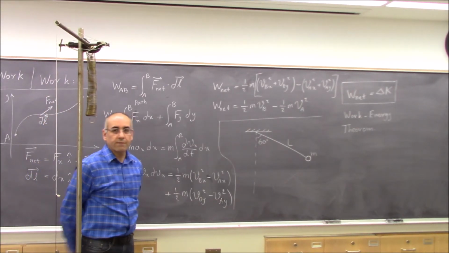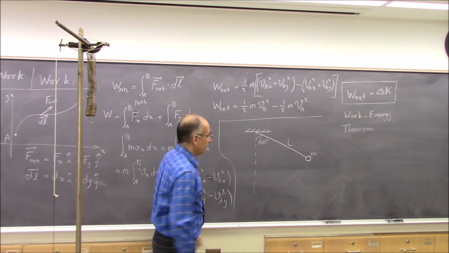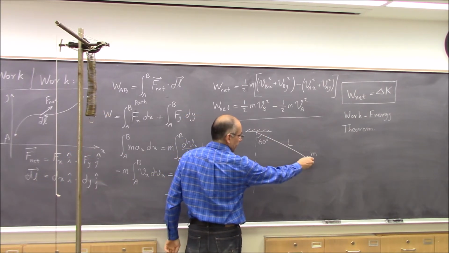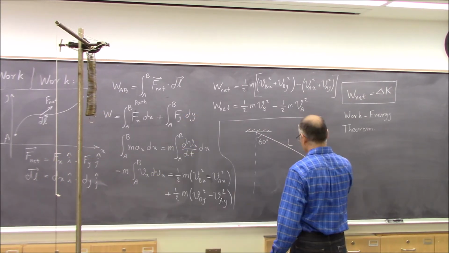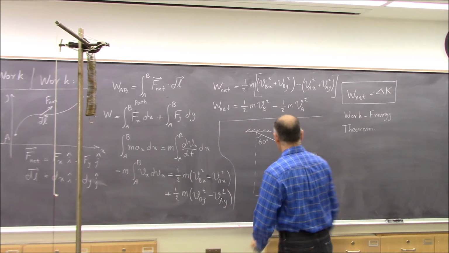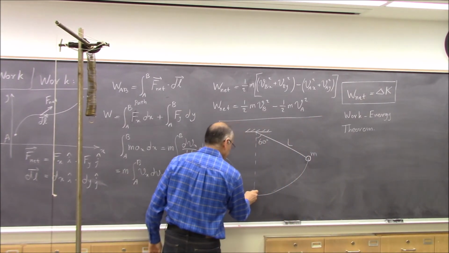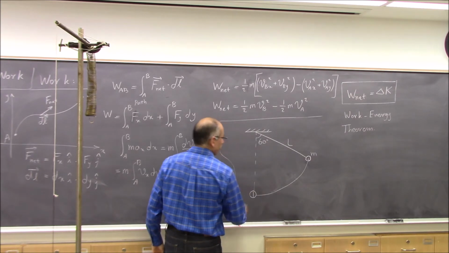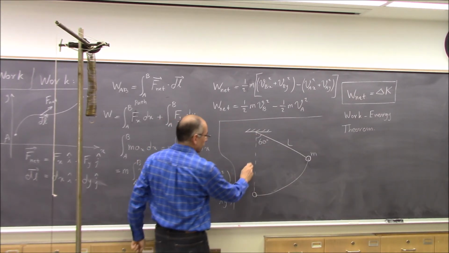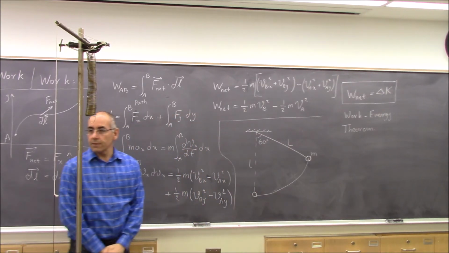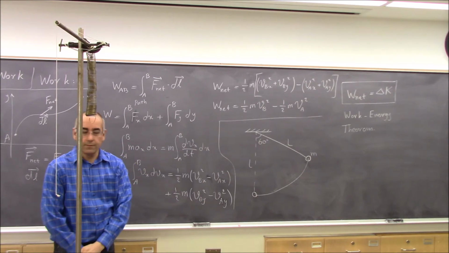Let's say 75 centimeters or something. And then this swings on a circle, like that, and it comes to this point. This is also L, because this is on a circle. The length doesn't change.